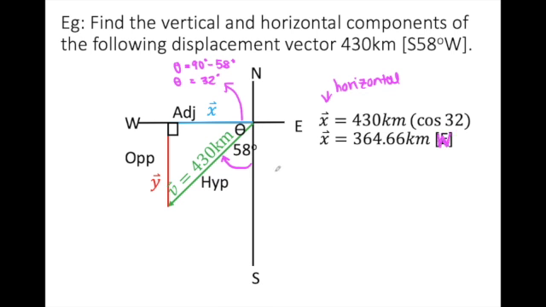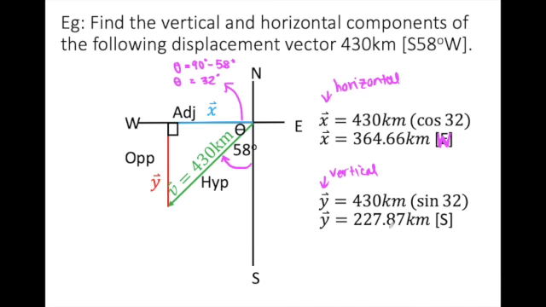Your vertical component is going to be that same 430 kilometers, and then it's always going to be sine, and then you're going to go 32. So then 227.87 kilometers, and then because it's going south, it's going to be like that.